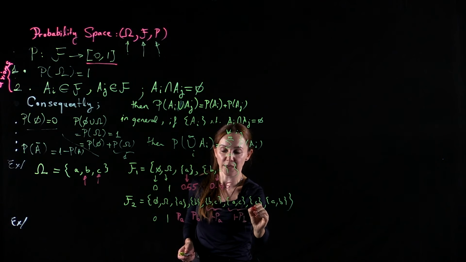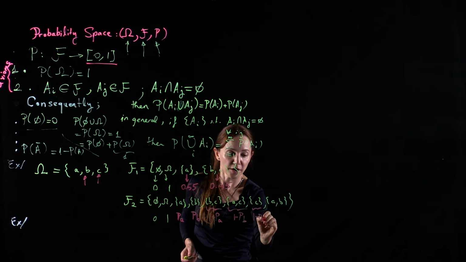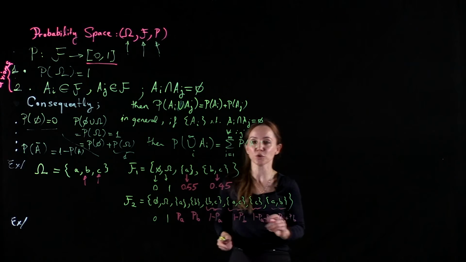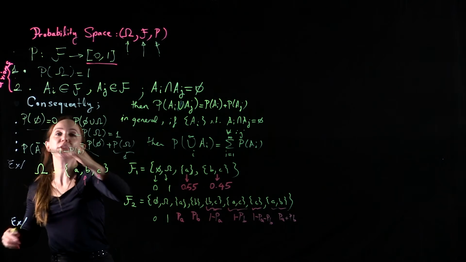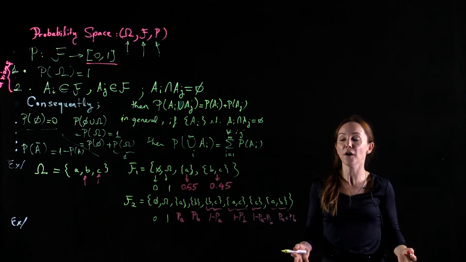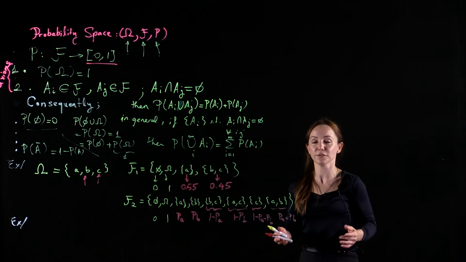This is determined as 1 minus P_A minus P_B, and this is determined as P_A plus P_B. Okay, so as long as we obey the rules, which are the axioms, everything in probability theory will be following. Everything else will be clearly defined.